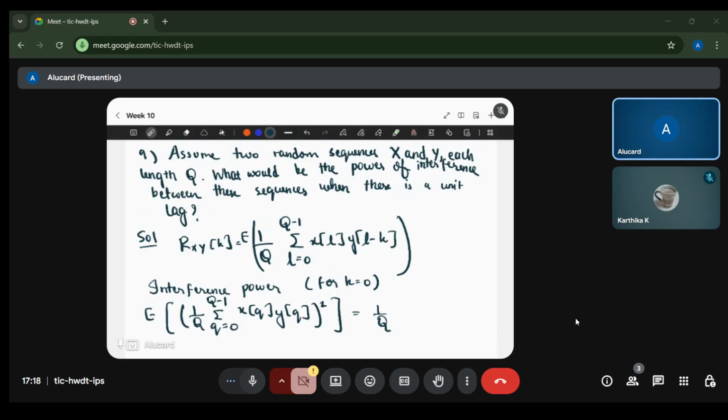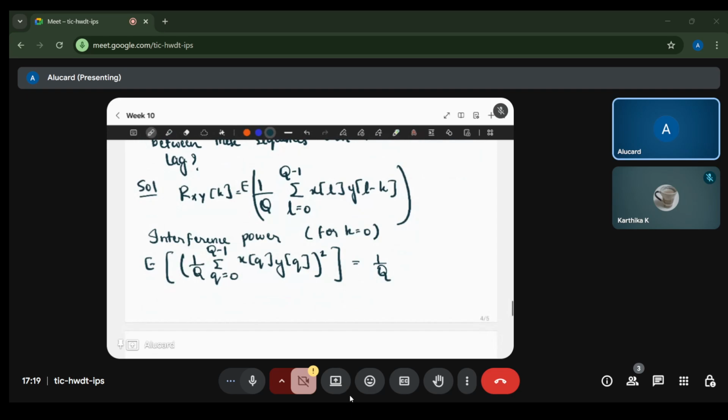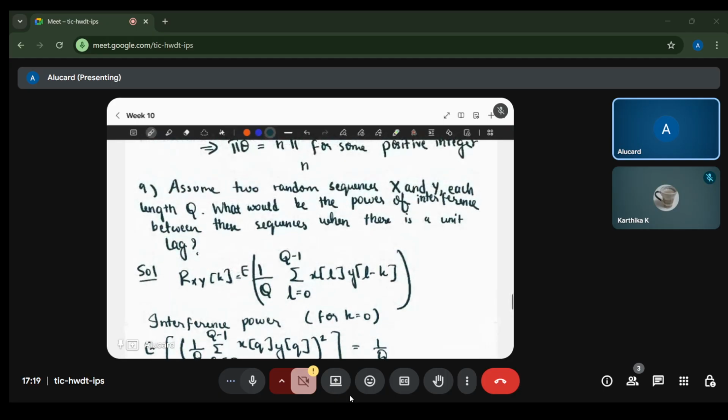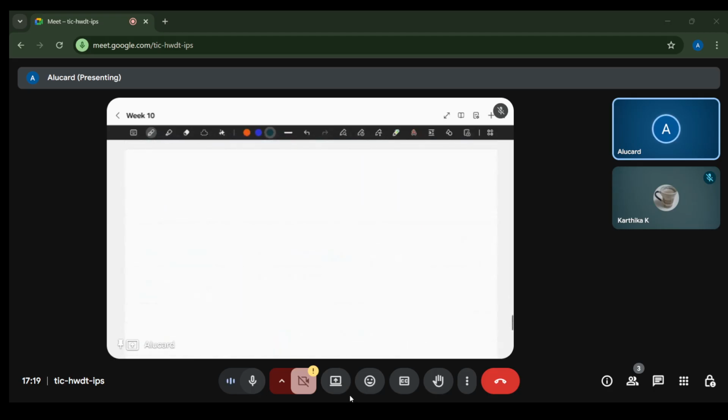You can go and see this in the first lecture of week 10, I think. Okay, I won't say any more about that. Does k equals 1 change the interference power? I'll leave that to you.